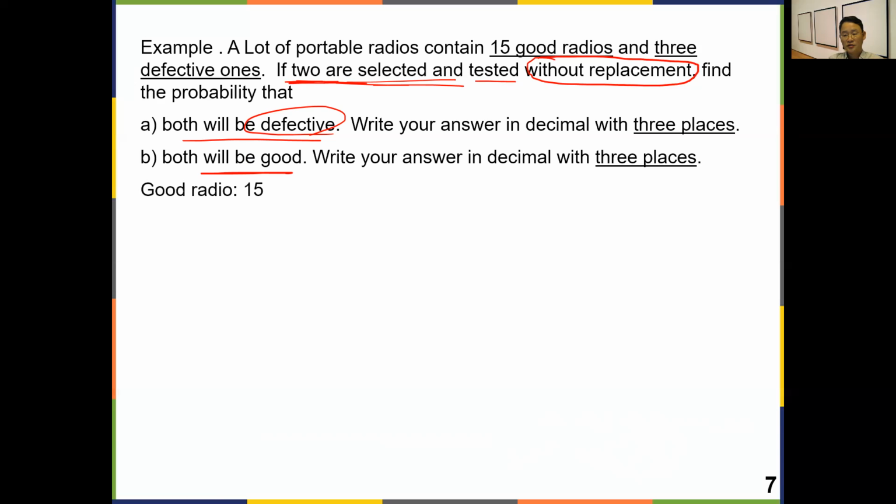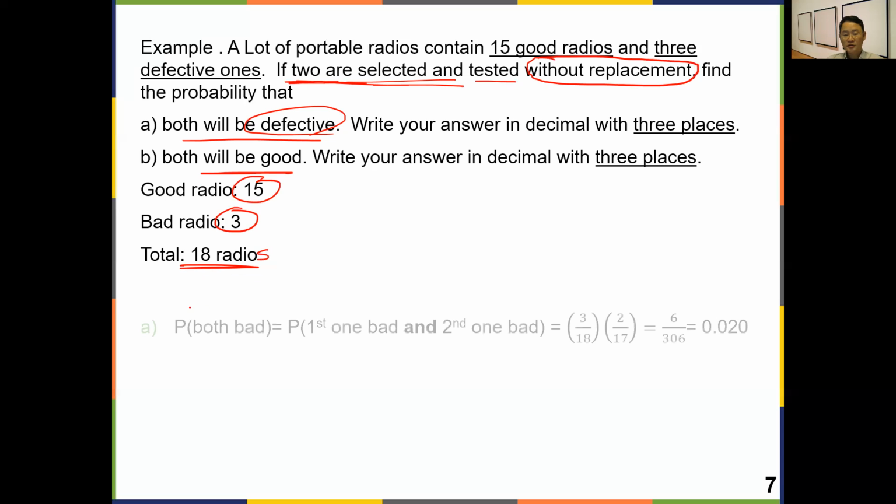Okay. So we have 15 good ones and 3 bad ones. Altogether, it's going to be 18, right? 15 good, 3 bad, 18 altogether. I guess I should put S. So the first part says both bad. That means the first one is bad and the second one is bad.